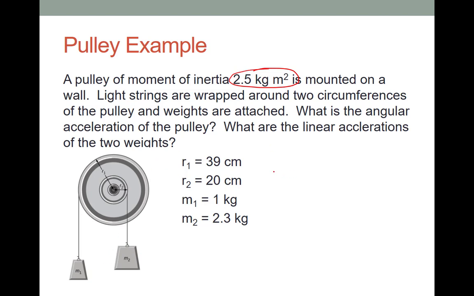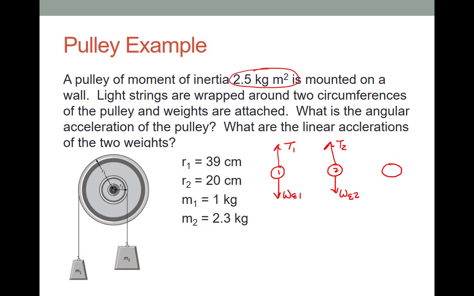To begin with, let's look at the free body diagrams of these three objects. Let's begin with mass 1. Mass 1 has tension 1 pulling up on it, and its weight pulling downward. Mass 2 has a similar free body diagram, tension 2 pulling upward, and its weight pulling downward.